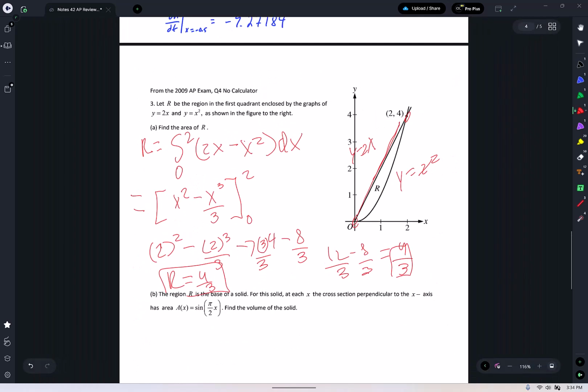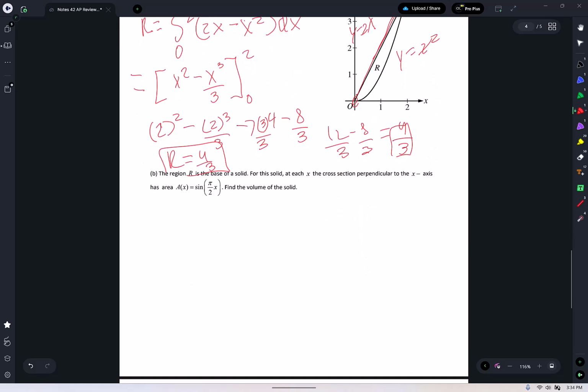Okay. So B. The region R is the base of a solid. For the solid, at each x, the cross-section perpendicular to the x-axis has an area A(x) equals sine of pi over 2 x. Find the volume of the solid. We already have our area right here.